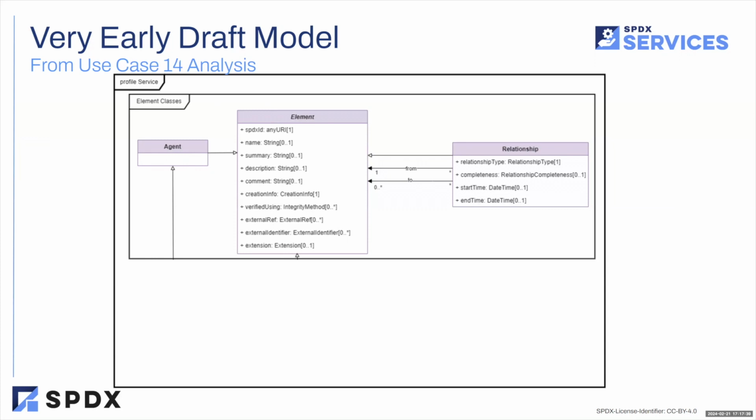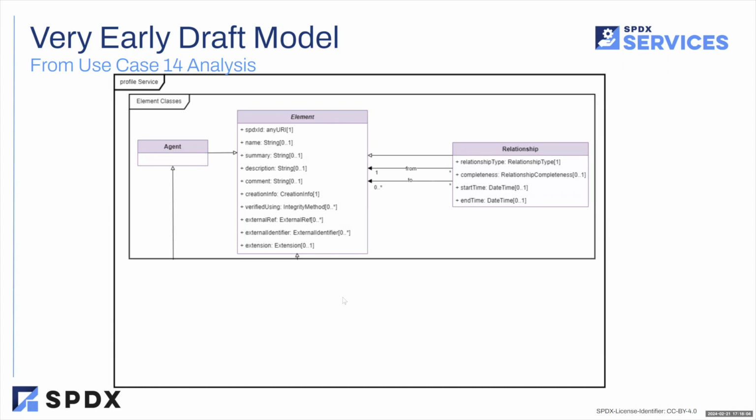It could be an organization, it could be a person. It could even be software that performs as an agent. So that's what an agent is. And then we have relationships, and the relationships, of course, relate elements to each other. So it has a from and a to and a completeness. So this is just from our core SPDX model.